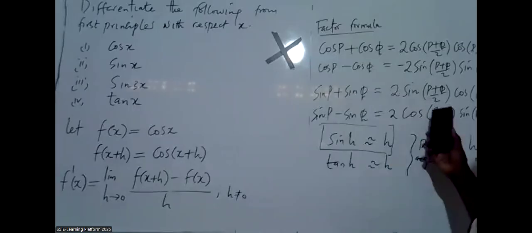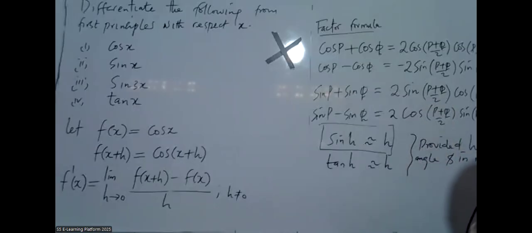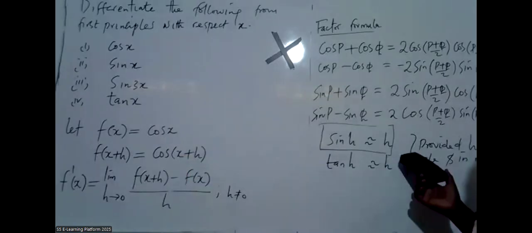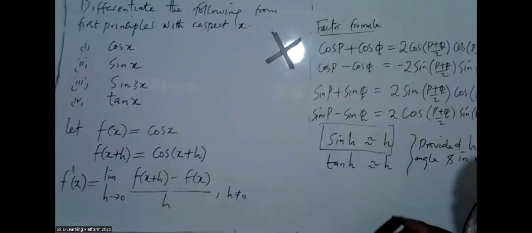Ensure that you've written that factor formula somewhere, or if you do recall, there is no need of writing it, but we shall need it. And lastly, you also need these approximations, especially sin h is approximately equal to h, provided our h is measured in radians and it is a small angle. I believe we are done with that, so I'm going to remove here.